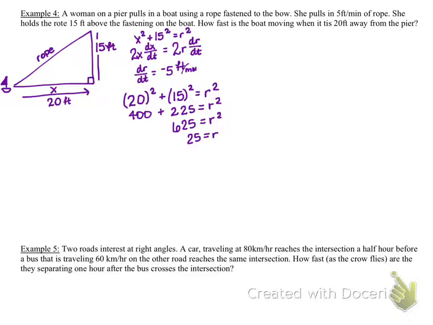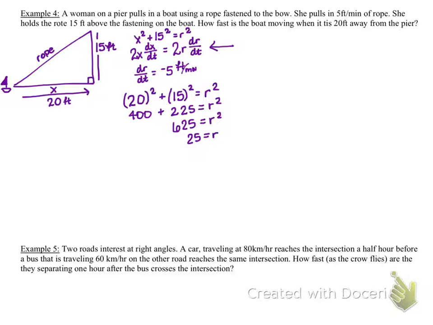We have dr dt, which is negative 5, and we're looking for dx dt. So in order to use this equation up here, we need r, because we need to solve for dx dt.